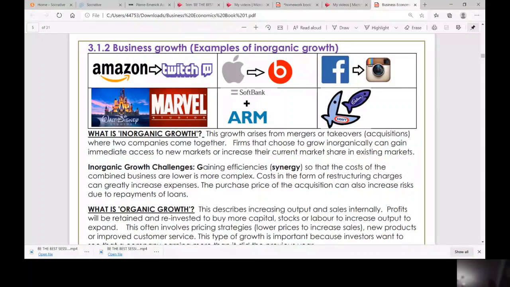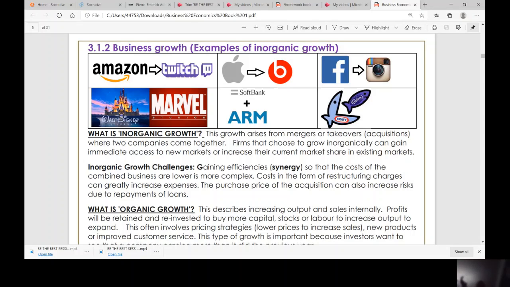Okay, students, if we can come back to your business books, we're going to go through the answers to the organic and inorganic growth section. Just as a big picture link, we looked at the objectives last week of why a business would be in business, and we agreed that profit, growth, and return on investment were all key things, that all private sector businesses are trying to make profits.